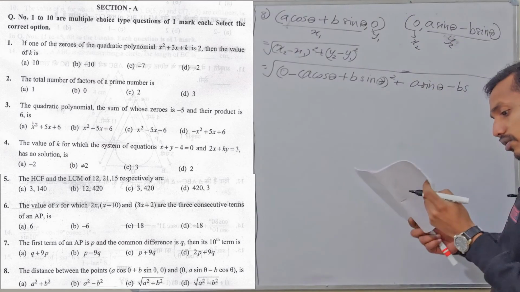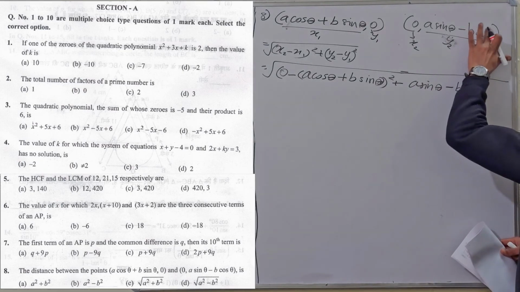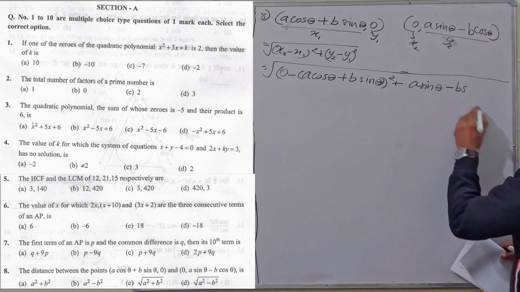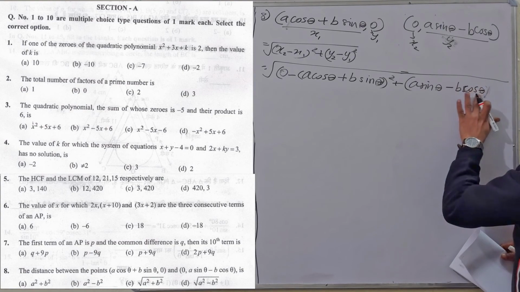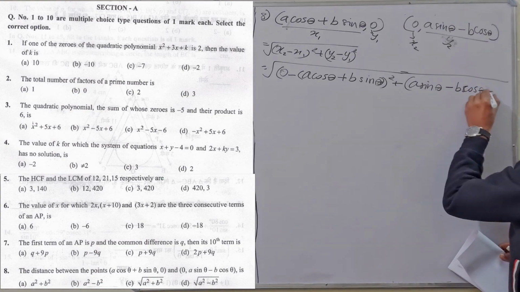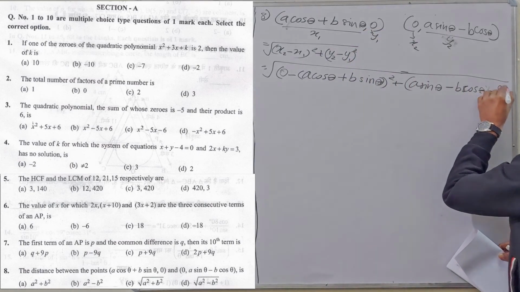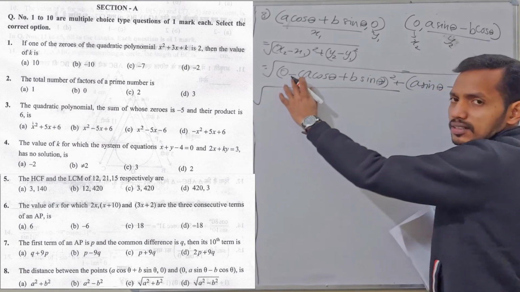I think my coordinates are written wrong. According to the question, you can see here it is b cos theta. So b cos theta minus y1. y1 is equal to 0, whole square. 0 can be removed.